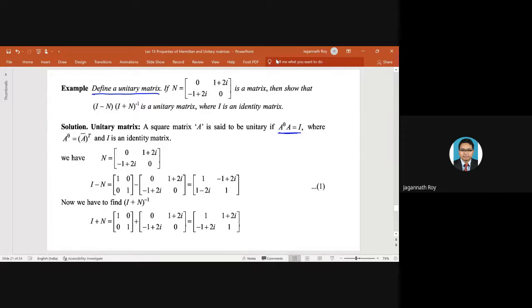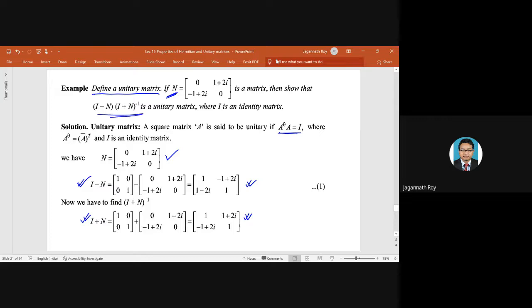And then given a matrix, you need to verify whether the resultant matrix is unitary or not. So N is given, you take I minus N and simplify it. Then I plus N, you simplify it.